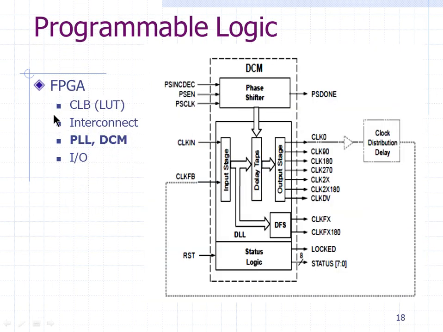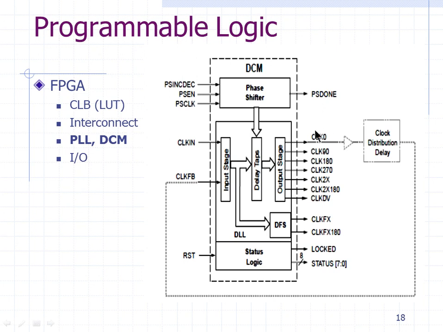There are some special blocks in the FPGA, PLLs and DCMs. DCM stands for Digital Clock Manager. Clock is very important, as you might have studied earlier. Clock is one of the signals that is routed throughout the chip, so you have to have a clock with very minimum skew or distribution delay.